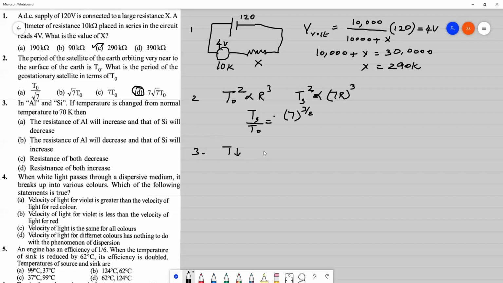If the temperature decreases, then the resistance of a metal will also decrease, and the resistance of a semiconductor will increase. So here aluminum is a metal whose resistance decreases, and silicon is a semiconductor whose resistance will increase. So the B option is the right answer.